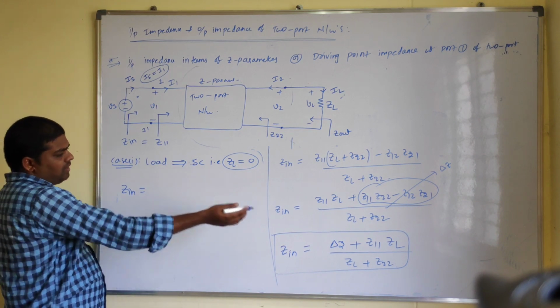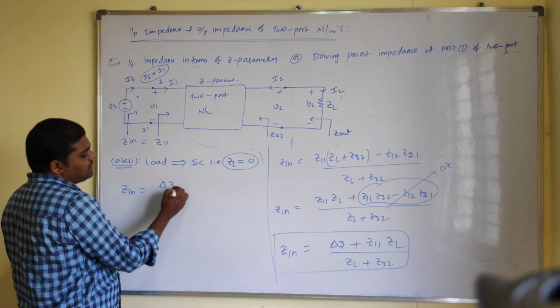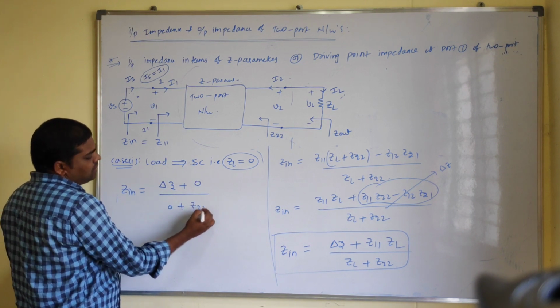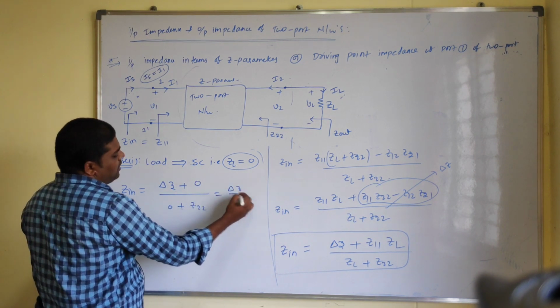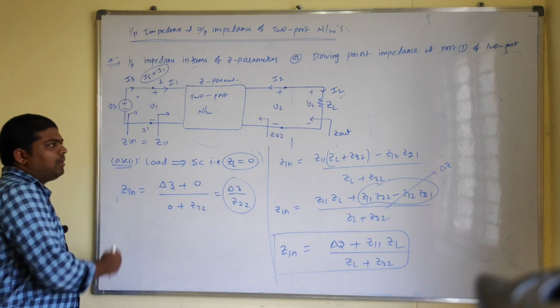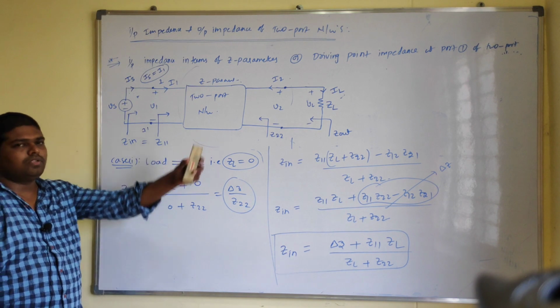Substitute the ZL value. Now we get delta Z plus 0 by 0 plus Z22, so you will get delta Z by Z22. So this is your input impedance when ZL equals 0.